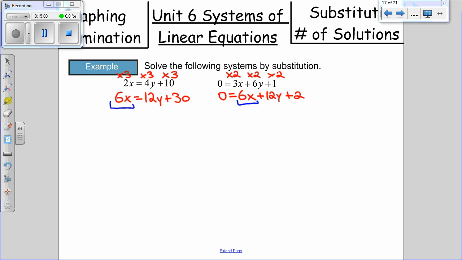So I need to move that 6x to the other side of the equation, and to do that, I need to minus 6x from both sides. So I have negative 6x equals 12y plus 2. Now these things are in the exact same order as each other, and since they're in the same order, I can write them one on top of each other, just like that.